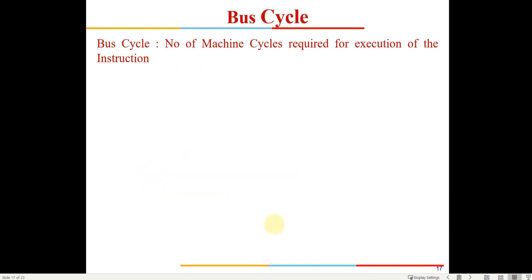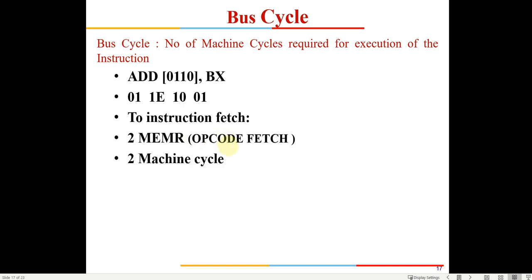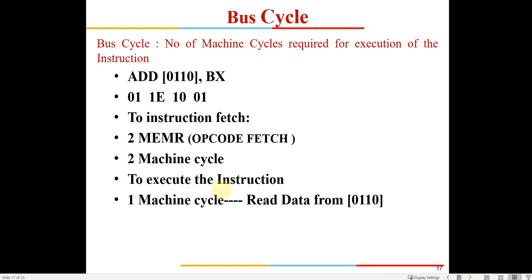So the total machine cycles will be 3 in this case. Now we have one more instruction, ADD, where the destination register is a memory location. If you see, this is the opcode for it, it is 2 words in length. So you will require 2 machine cycles to get the opcode. To execute the instruction, first we need to read the data which is available in this memory, get that data and put it into a temporary register.